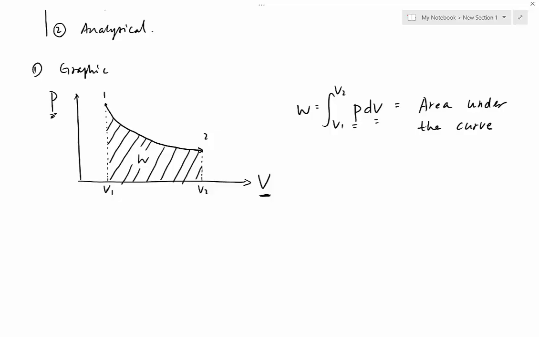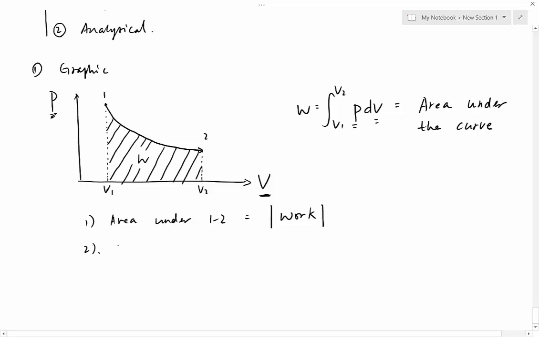Okay, two things to point out. First of all, the area under the curve 1 to 2 is equal to work. And if we want to be more accurate, we should add the absolute sign, the absolute value of work, because area is always positive, and work, like we said, can be positive and can also be negative. So to be more accurate, we need to add an absolute sign.